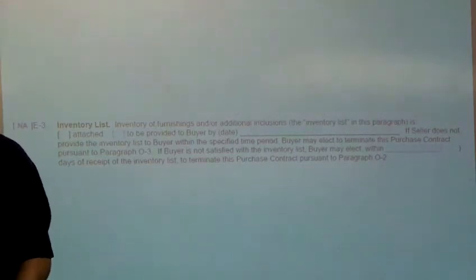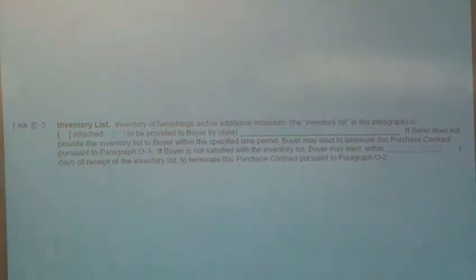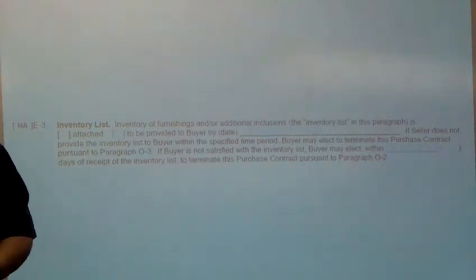So the better way to do it, even say you want some stuff, say NA. So you're saying don't even use this? Yeah, just do a separate agreement, a separate bill of sale. Yeah. Bill of sale.